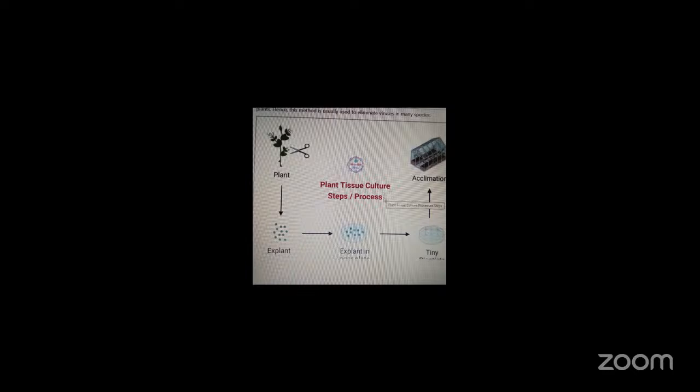In the anther culture, it is also called microspore culture.